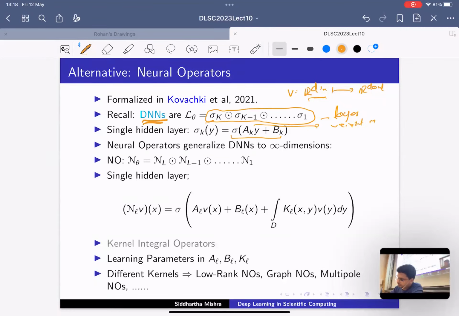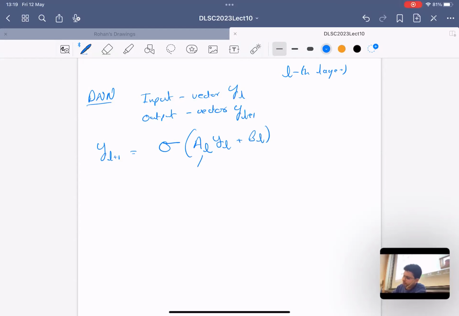The way it functions is the following: y_{l+1} equals sigma, which is your activation function, of A_l y_l plus b_l. Let's say that y_l belongs to R^{d_l}, and y_{l+1} is a d_{l+1} vector. So A_l is a matrix of size d_{l+1} times d_l, and b_l is another vector in R^{d_{l+1}}. The sigma is applied pointwise.